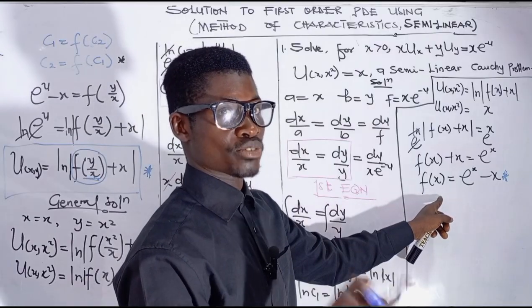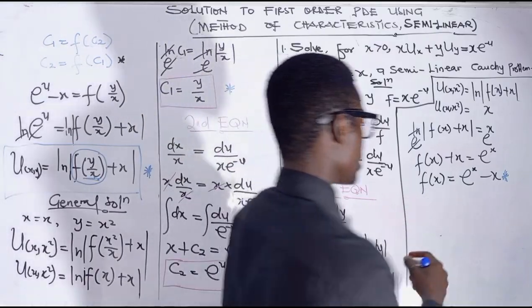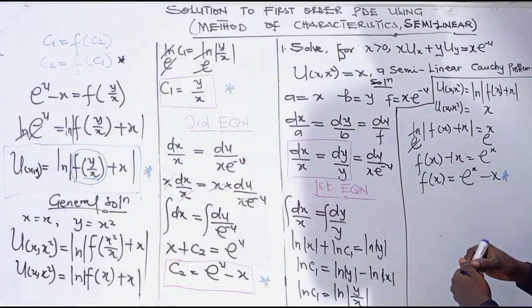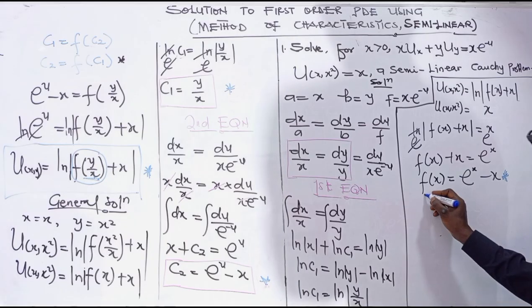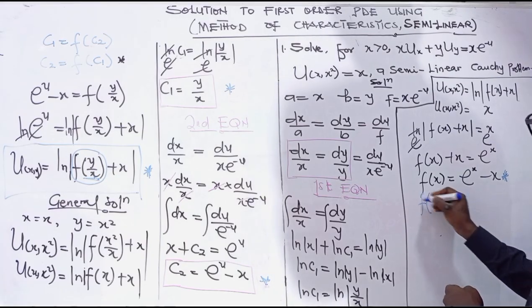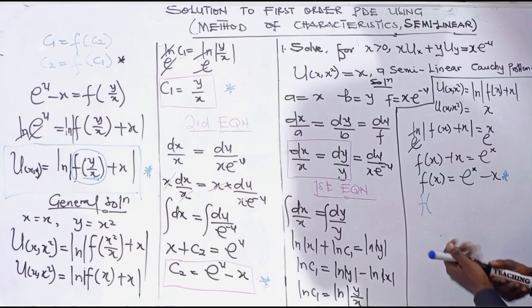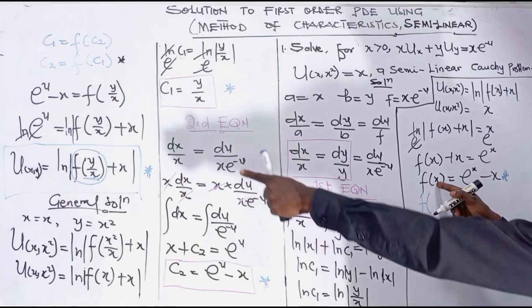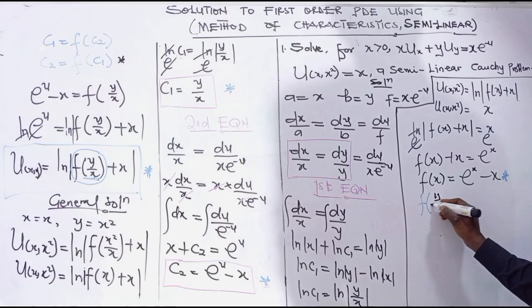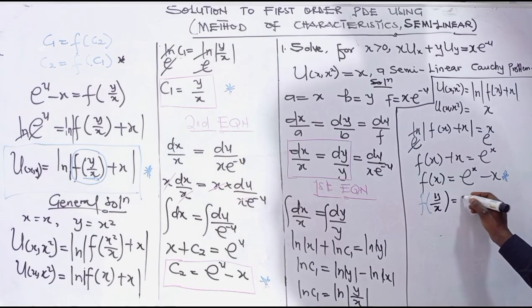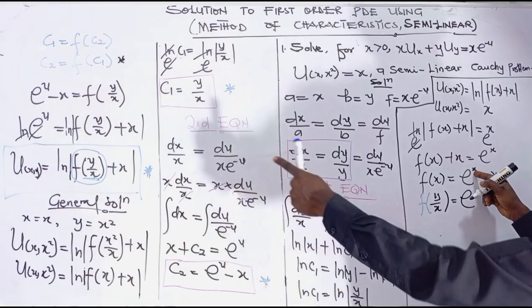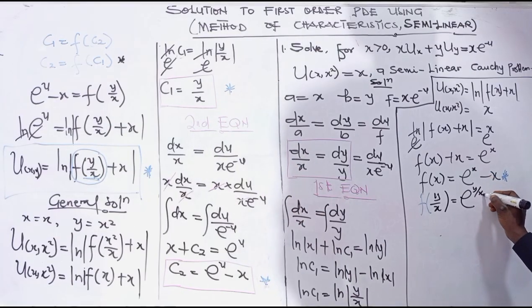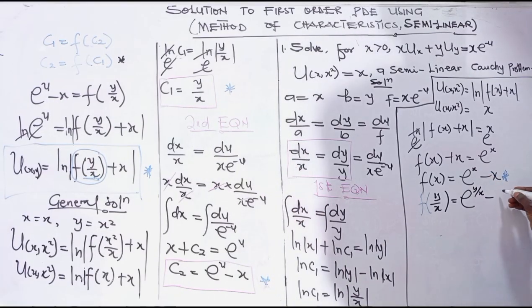So wherever we see x, we are putting in y over x. So we are going to have a function of y over x, because we are saying that x is equal to y over x. So we have f at y over x is equal to e exponent y over x minus y all over x.